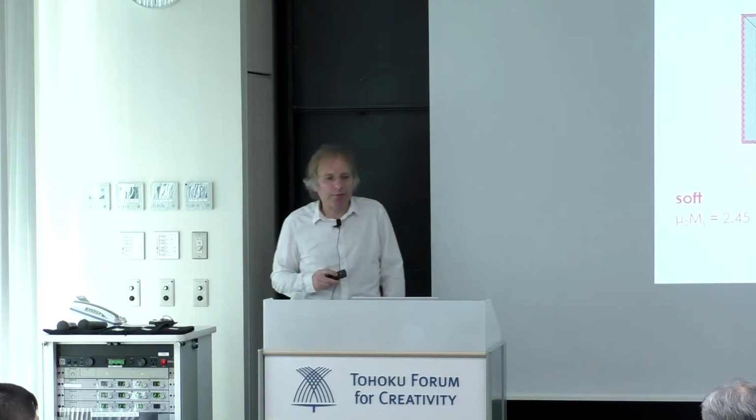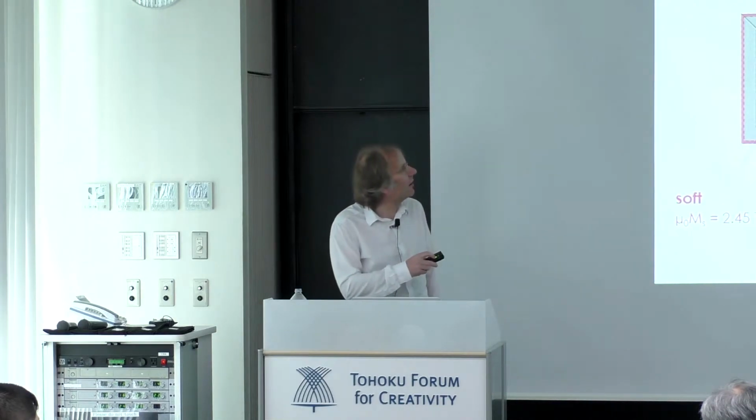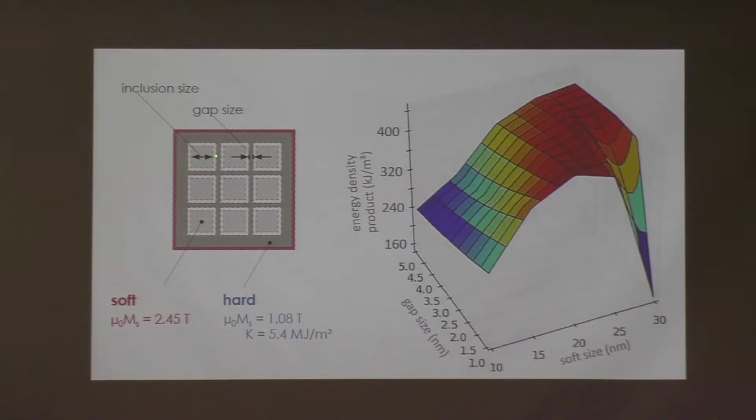Possible design parameters we can imagine are the size of the soft inclusion and the distance between the soft inclusions. And the distance between the soft inclusions is basically how much of a hard magnetic layer we have between our soft phases. On the right-hand side, you see the result. On this axis, we have the thickness of the hard magnetic layer between the soft inclusions.